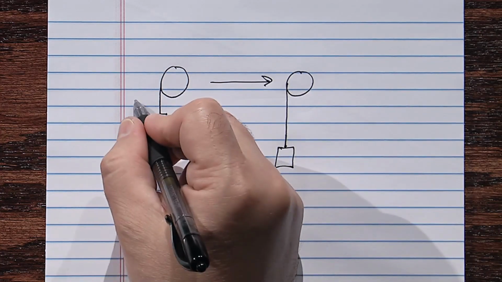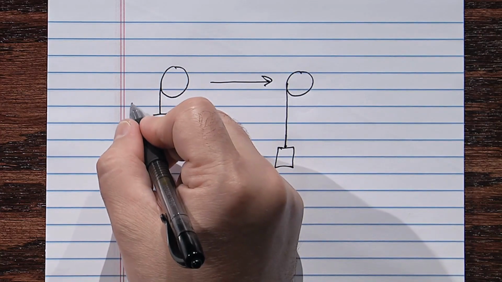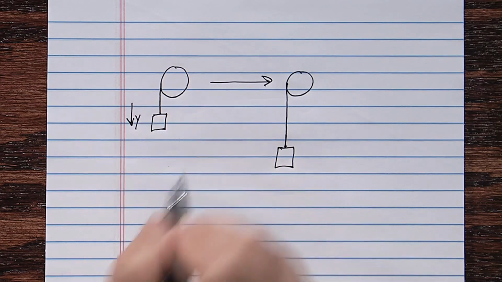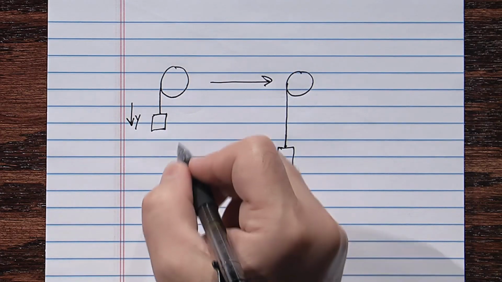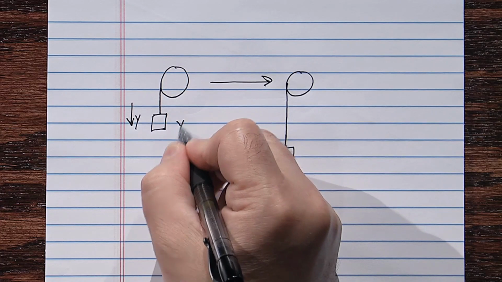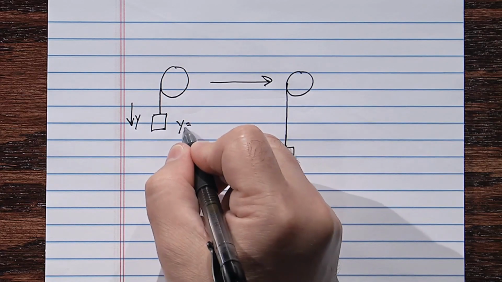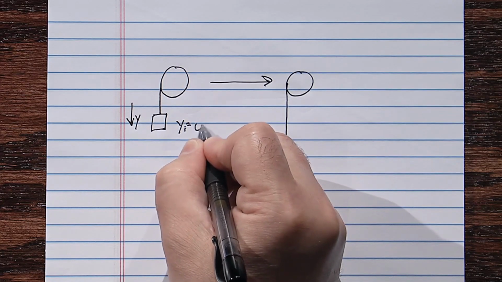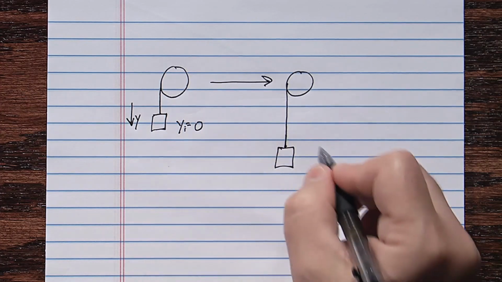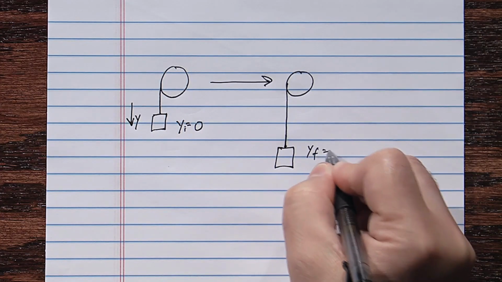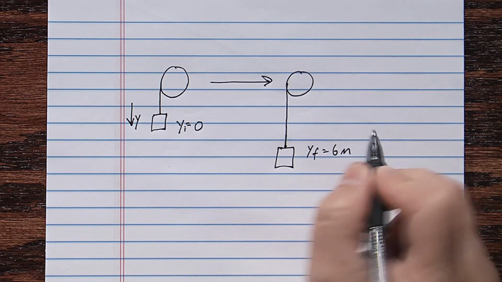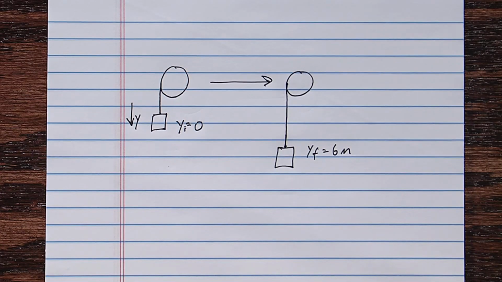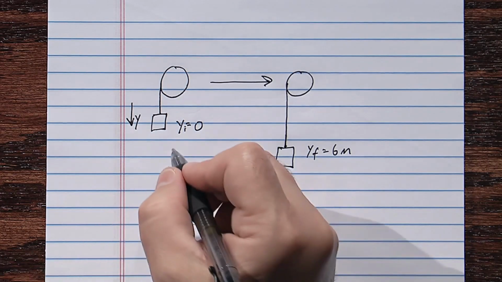And for convenience's sake, so that we're dealing with positive numbers, I'm going to draw my y-axis down. We know that y initial, well, we can call y initial equal to 0, y final equal to 6 meters. The elevator's moved 6 meters down.